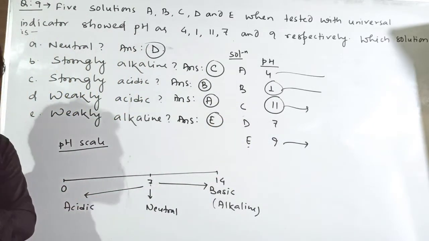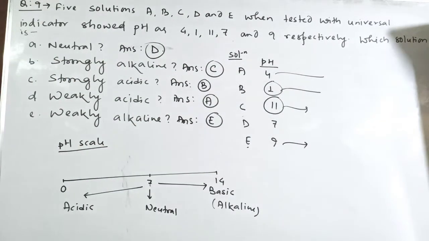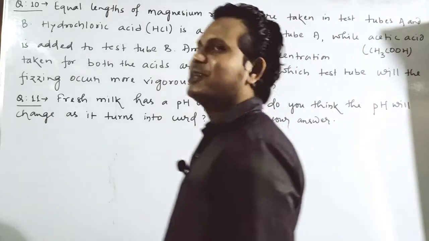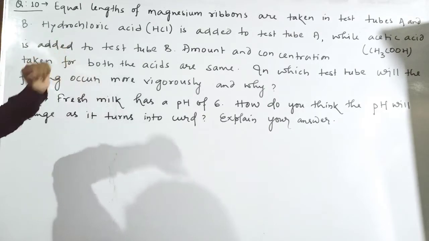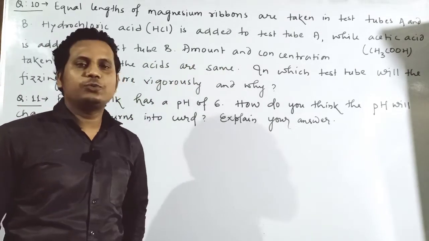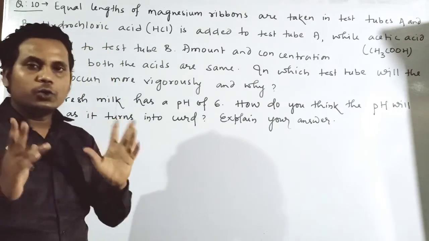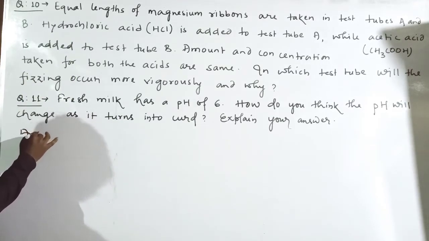Now we will proceed to question number 10. Question 10 says equal lengths of magnesium ribbons are taken in test tubes A and B. Okay, so there are 2 test tubes. Let's draw. This is answer number 10.